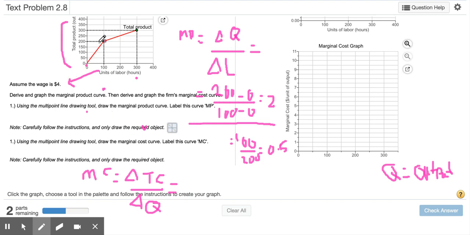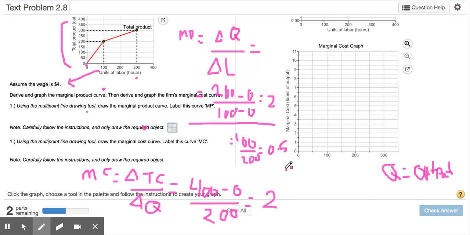Therefore, marginal cost between 0 and this level of output is equal to 400 minus 0 divided by 200. Notice that in this example, marginal cost is equal to average cost because we have this straight line. So marginal cost will be equal to 2.